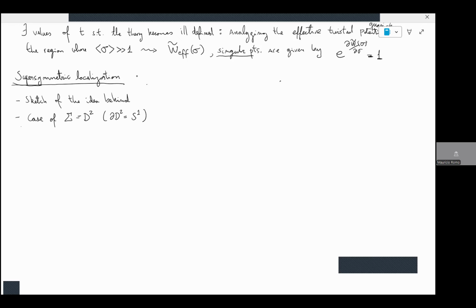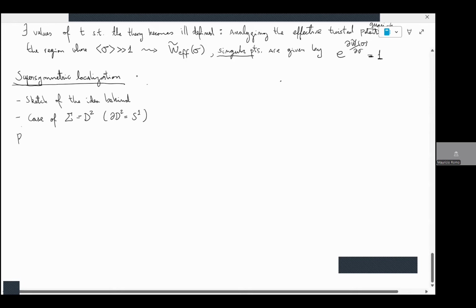So let me say first what's the idea behind why we would like to do this. Before, recall we have two nilpotent charges, which we call QA and QB, and also their conjugates.